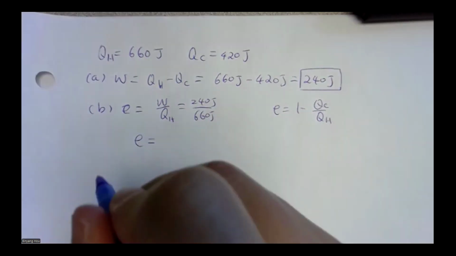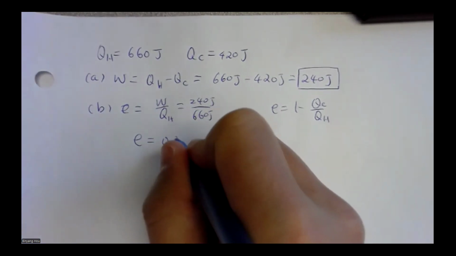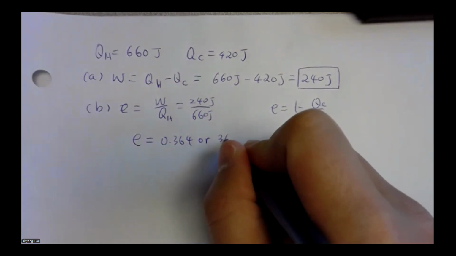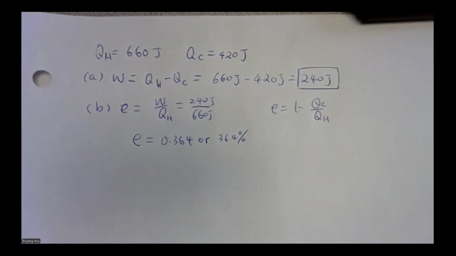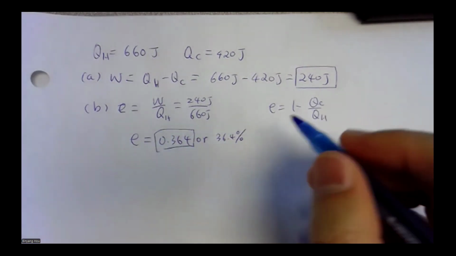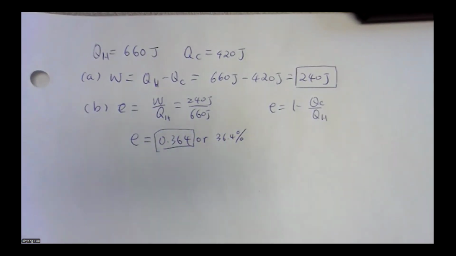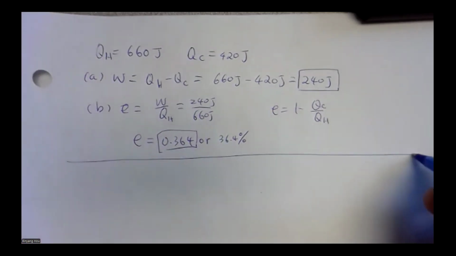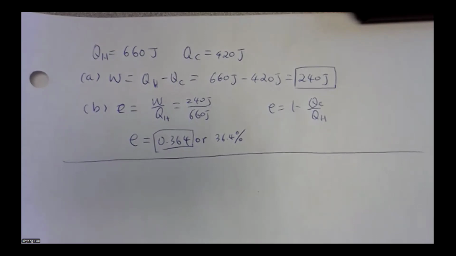So E then equals 0.364, or if you want, you can do percentage, 36.4%. Okay, this equation will also give you the same result as what we have using this equation. Okay, all right. So let's go back to the slides.